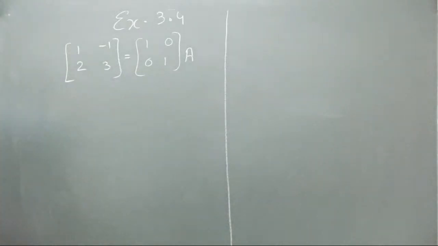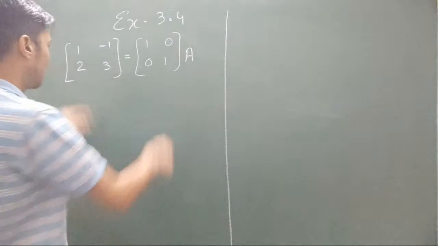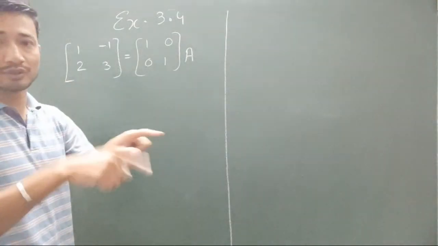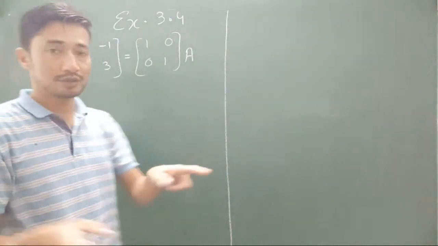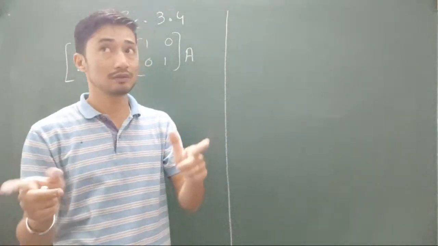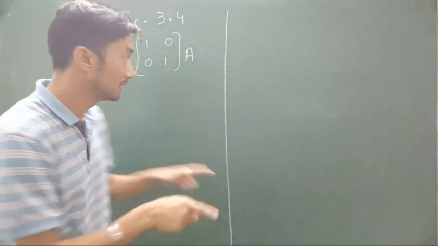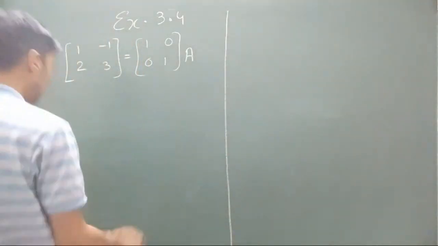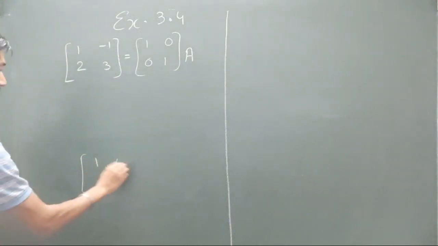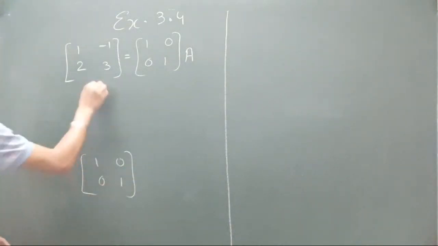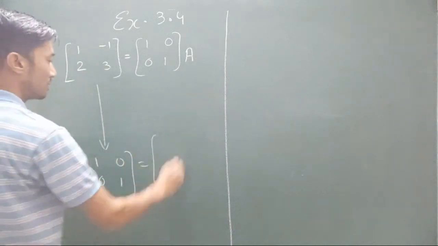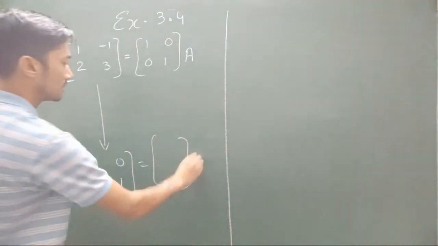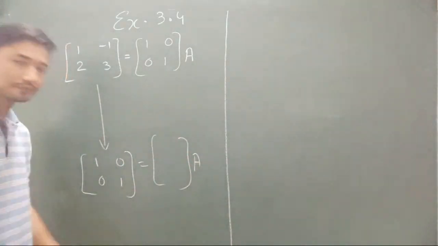What are we supposed to do? We are supposed to convert this using elementary row operations, which I gave you. I'm sure you are still very confused about how to use that, don't worry. We're going to apply operations till this one changes into some kind of a matrix. This one we are not going to be doing anything.